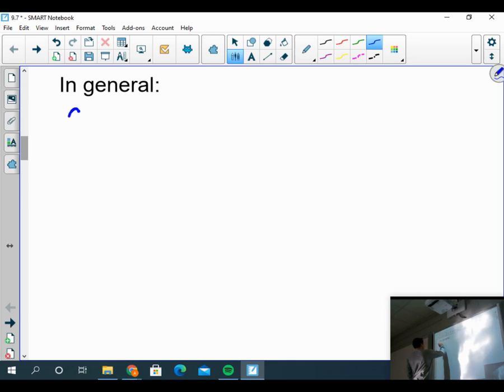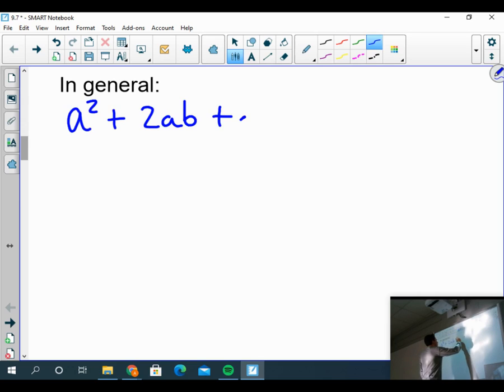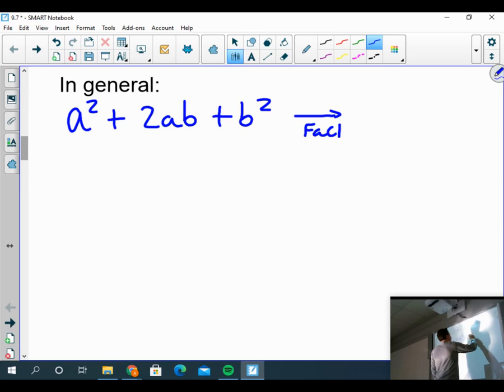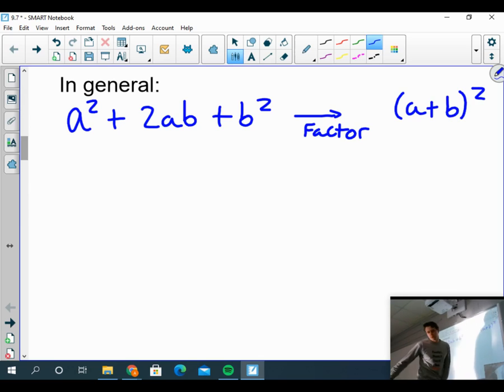Well, in general, anytime you have a squared plus 2ab plus b squared, this being the general form of the trinomial, anytime you have a perfect square trinomial in this format, it will factor into a plus b squared.